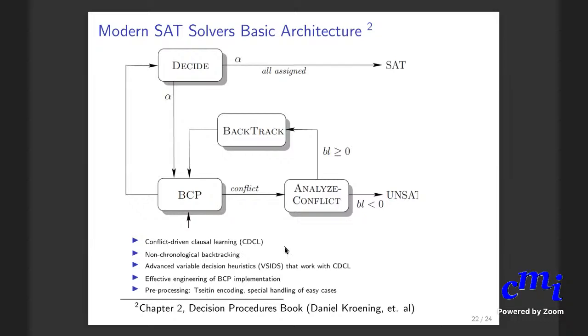And then move on to extending DPLL to work in the presence of theories. And I hope I can do that.